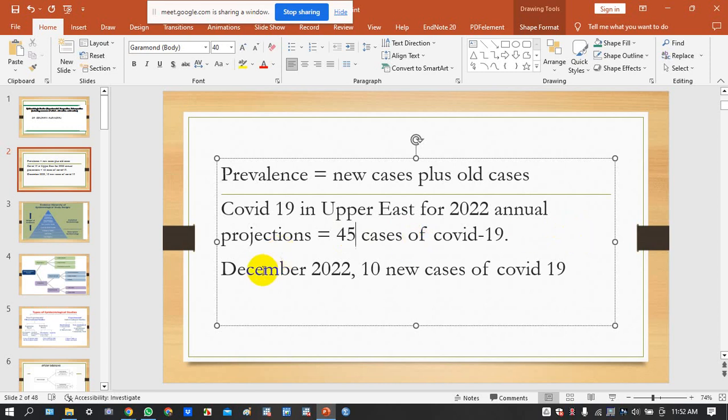Then in the month of December in 2022, we had 10 cases of COVID-19. So what is the prevalence of COVID-19 in 2022?